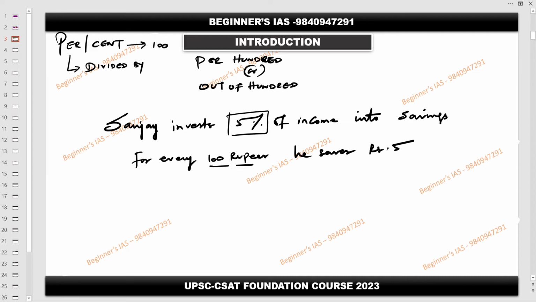Next one. Suppose he invests 1 by 30th of his income into the share market.